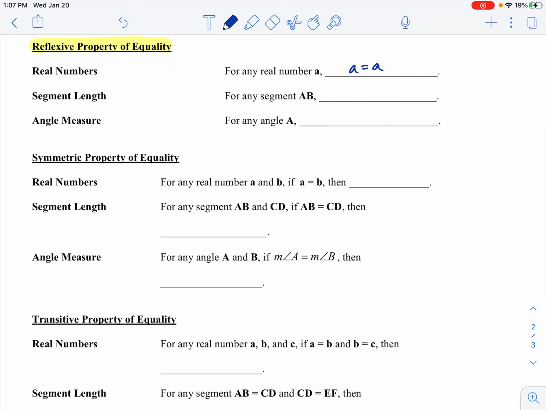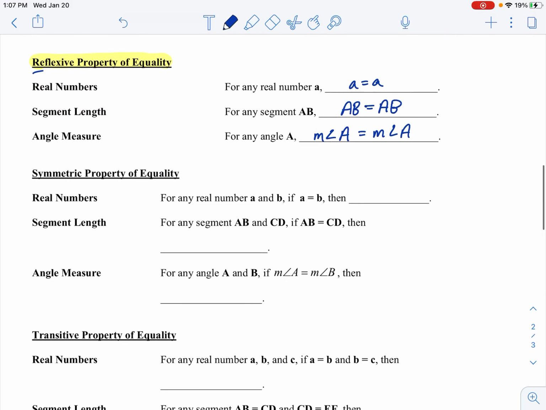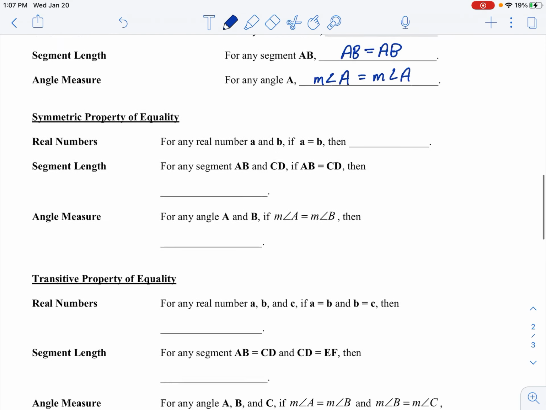Something is equal to itself. So the reflexive property says a number is equal to itself. For segments, it would say the length of segment AB is equal to the length of segment AB. And as you can probably guess, for any angle A, we could say the measure of angle A is equal to the measure of angle A. So it's the reflexive property that says something is equal to itself.